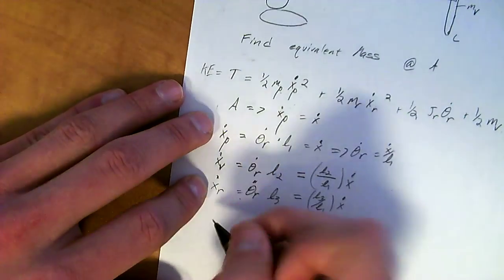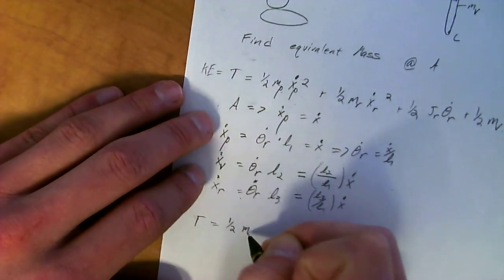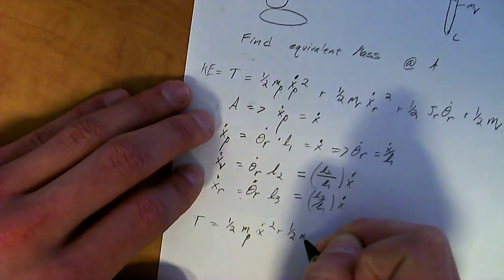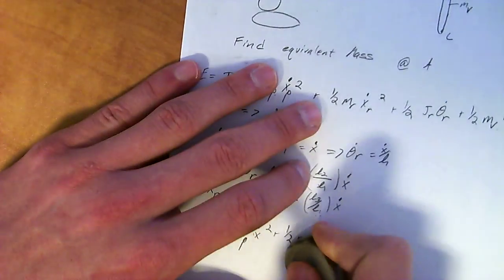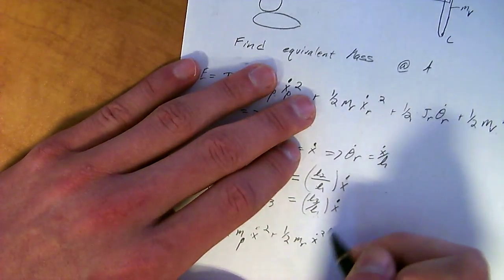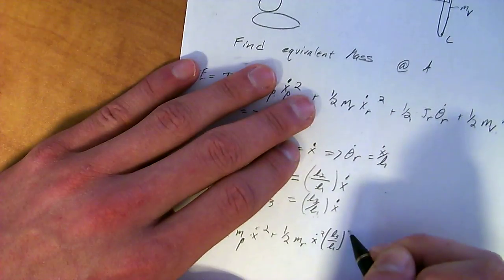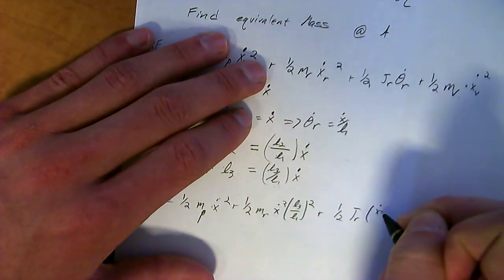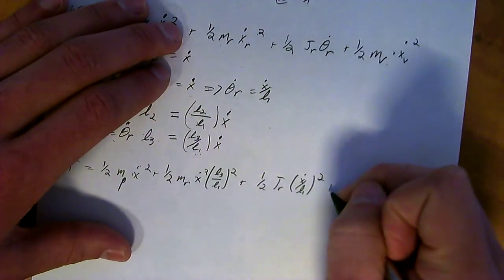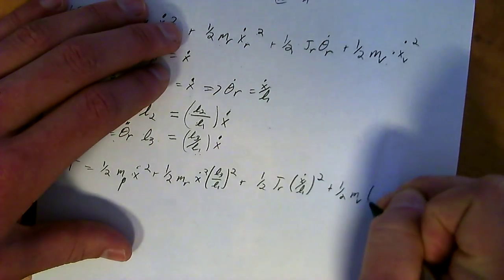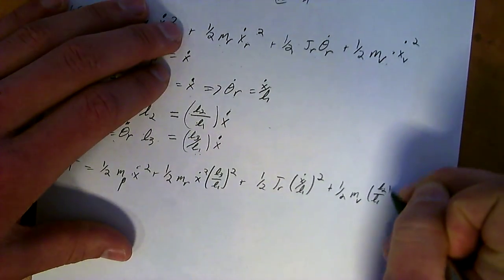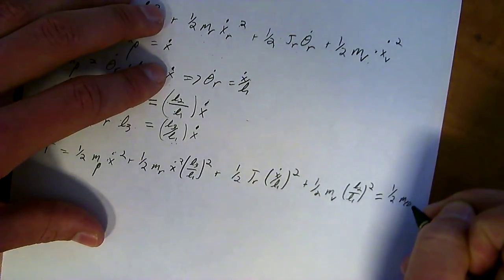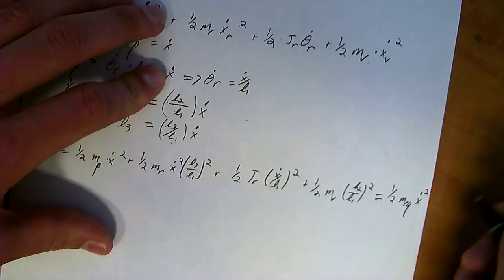Okay, so T is equal to 1/2 mp x dot squared plus 1/2 mr x dot squared of L3 over L1 squared plus 1/2 jr of x dot over L1 squared plus 1/2 mv of L2 over L1 squared, which is equal to the equivalent system, 1/2 the equivalent mass times x dot squared.